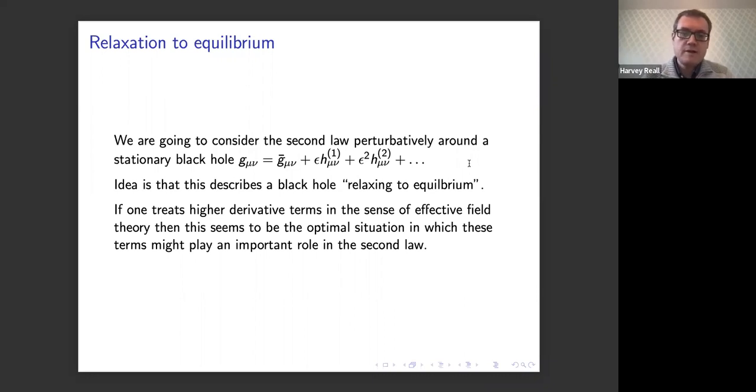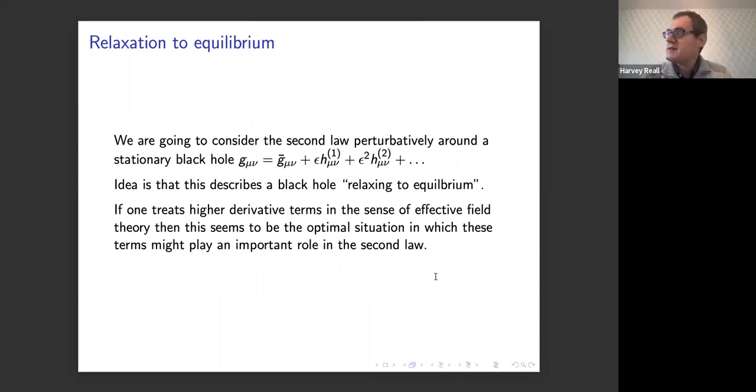And if one is interested in high derivative terms in the sense of effective field theory, as we shall be, then this perturbative setting seems to be the optimal situation in which higher derivatives might play an important role in the second law.